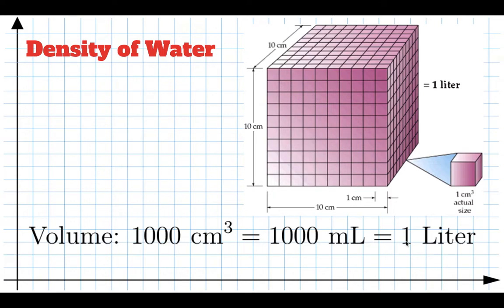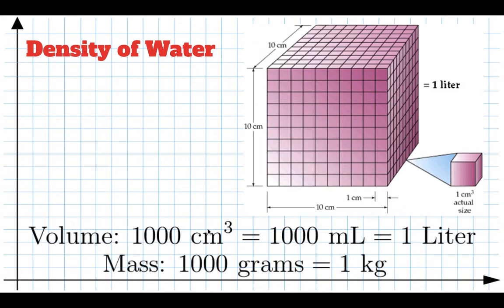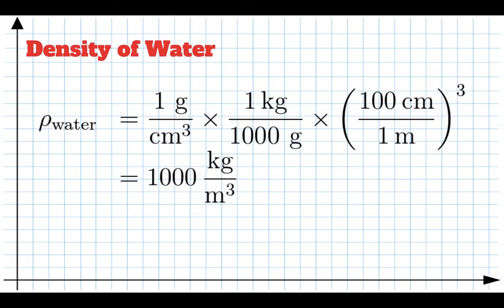And 1,000 of those is equal to 1 liter. So it turns out that 1,000 centimeters cubed would have a mass of 1,000 grams, which is a kilogram. So a kilogram of water, the kilogram is defined as the amount of matter in 1 liter of water, or 1,000 cubic centimeters. We can do a quick little conversion here.